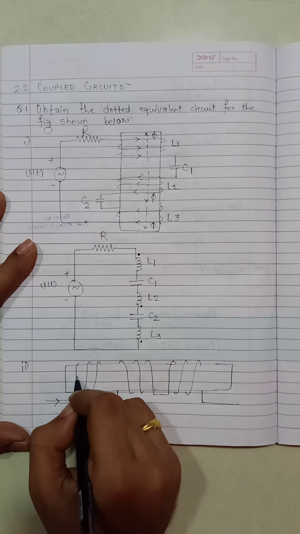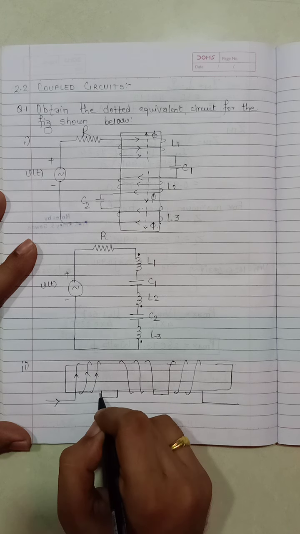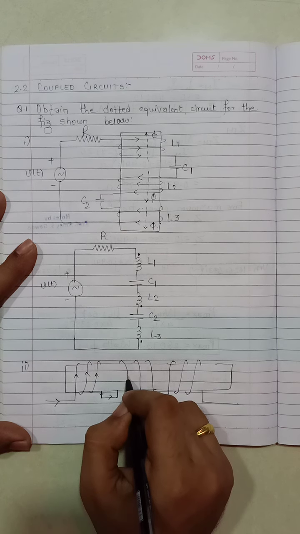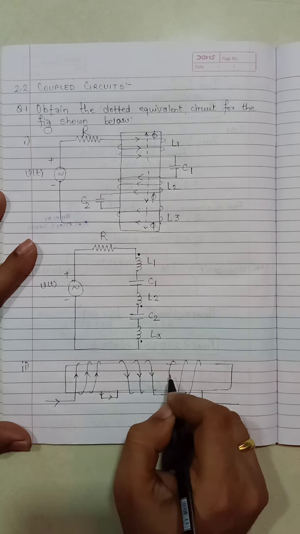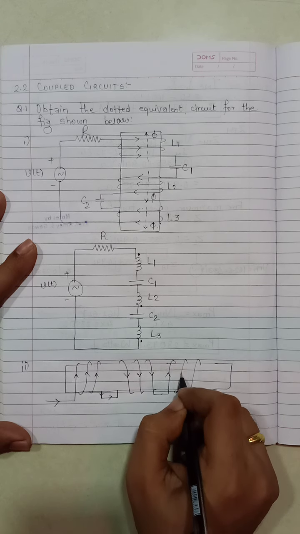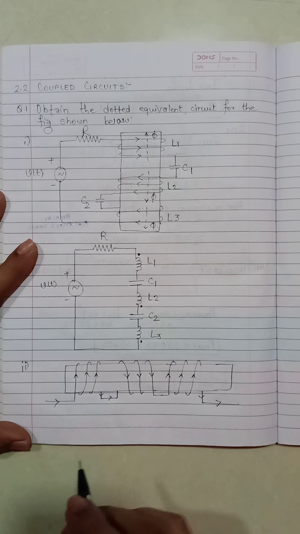Current is entering, then moves in this direction, then in the downward direction, and then out of the conductor.